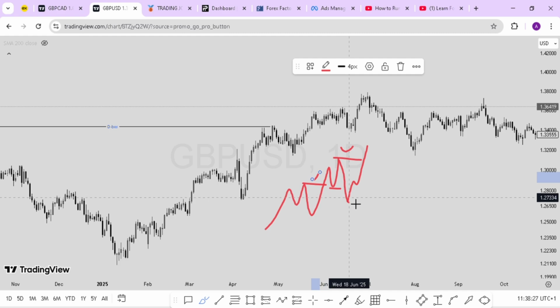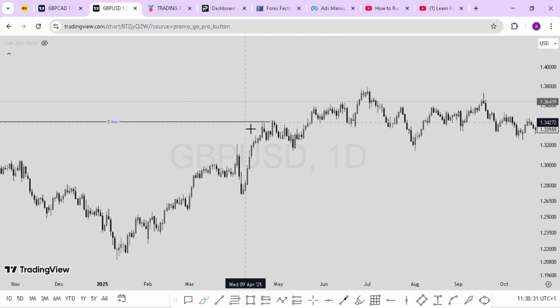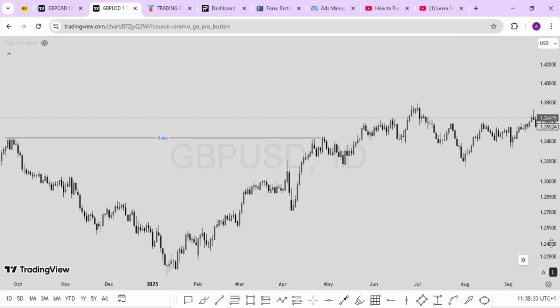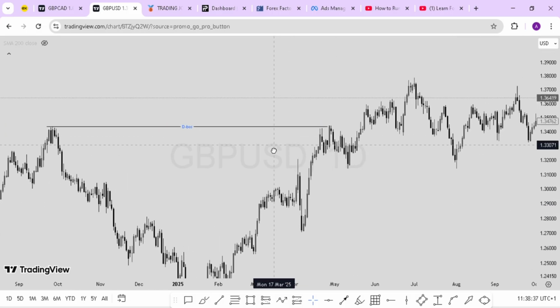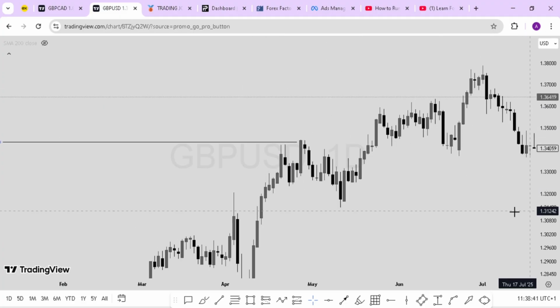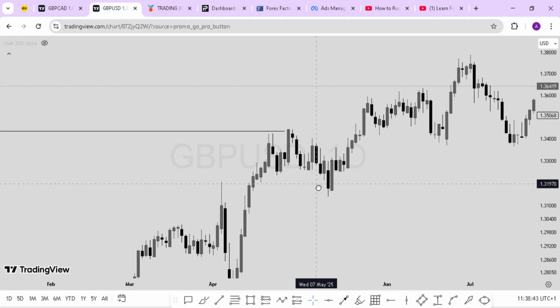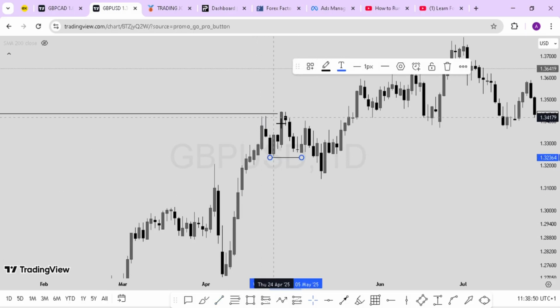So this is the playbook, and as you can see, the market took out this structure from here by closing above it, not with a sweep. If I expand it, you can see that the market closed above here, and this was the last pullback that the market did before breaking this structure.